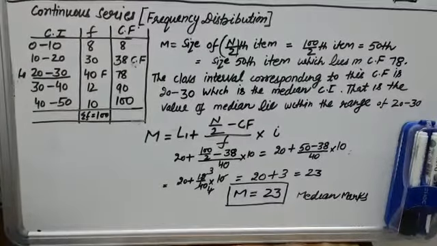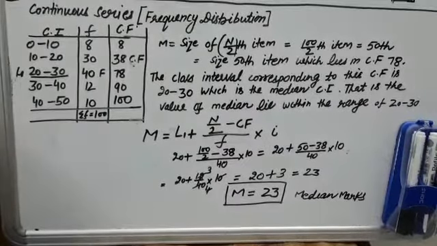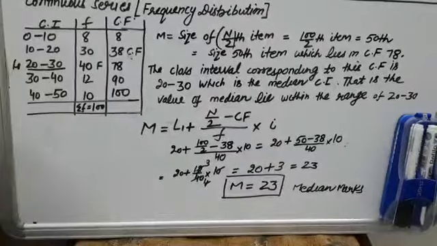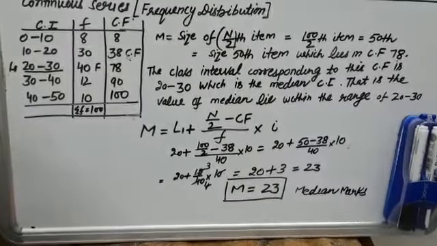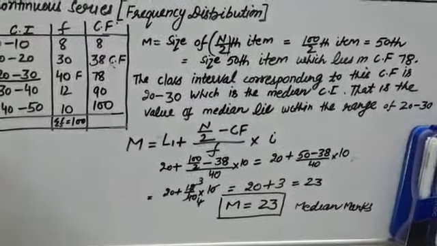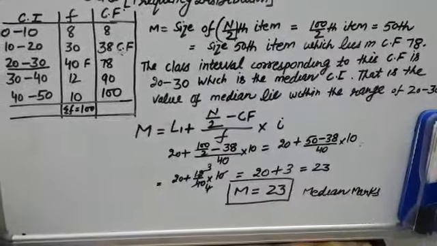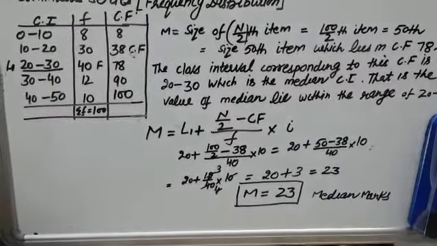We have also learned how to locate median graphically in the chapter presentation of data. So it is clear median is a widely used measure of central tendency, particularly in the field of socioeconomic studies. It is very simple. It is free from the effect of extreme values also.